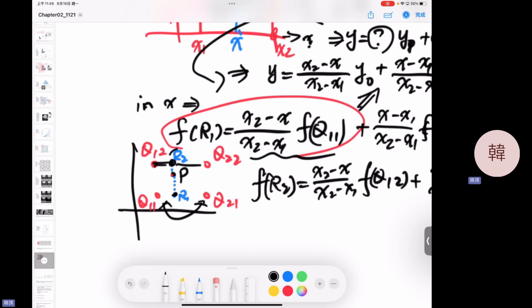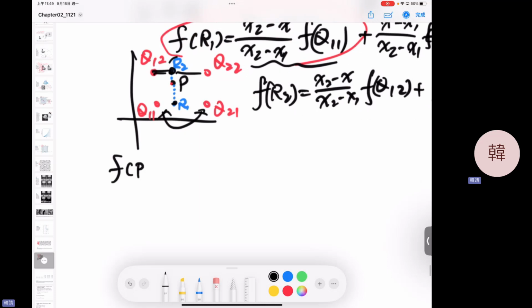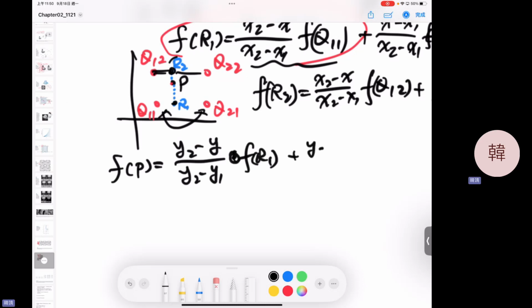The result will become like this: f of P equals (y2 minus y)/(y2 minus y1), f of R1, plus (y minus y1)/(y2 minus y1), f of R2.